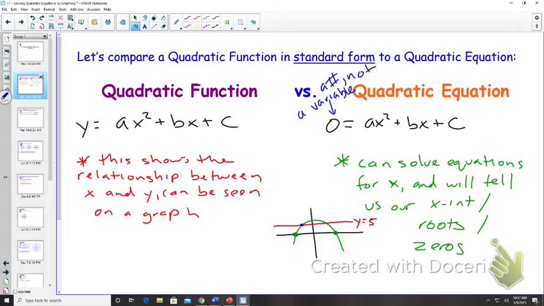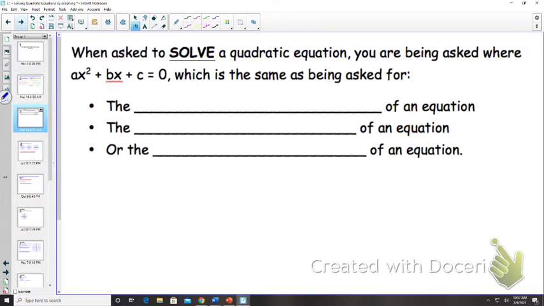Okay, good. So when we are being asked to solve a quadratic equation, you're being asked where ax squared plus bx plus c is equal to 0, okay? This is the same thing as being asked for the roots of an equation, the zeros, or the x-intercepts of an equation.